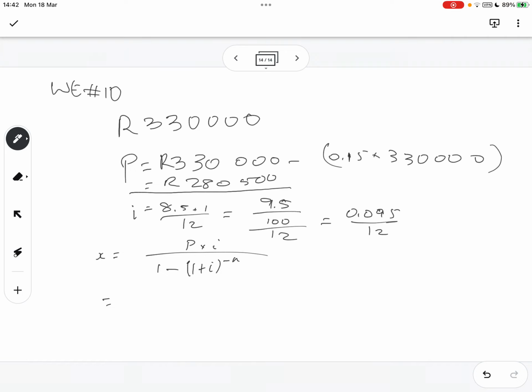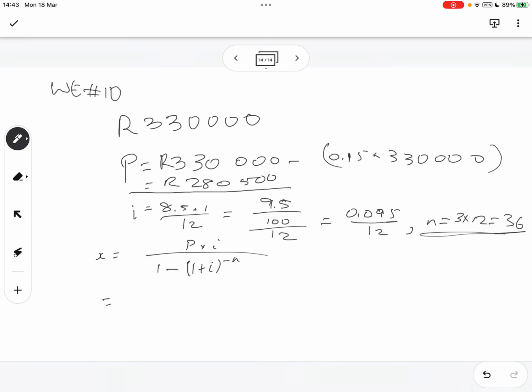Then when we substitute that as the principal amount, we've got the interest rate, 0.095 divided by 12. And n also equals, what was the other information we were given? The repayment period of the loan is 3 years. The loan is going to be paid over 3 years, so it's 3 times 12, so it must be paid in 36 months.